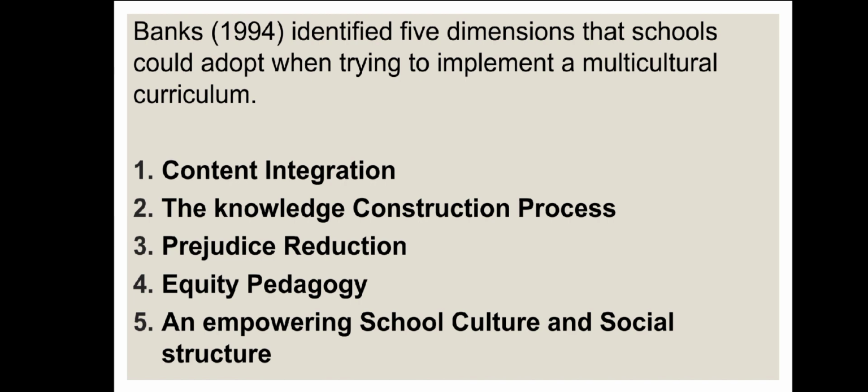The last dimension is an empowering school culture and social structure. It is created when the culture and organization of the school are transformed in ways that enable students from diverse racial, ethnic, and gender groups to experience equality and equal status.